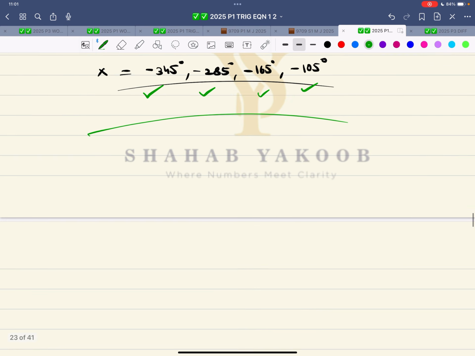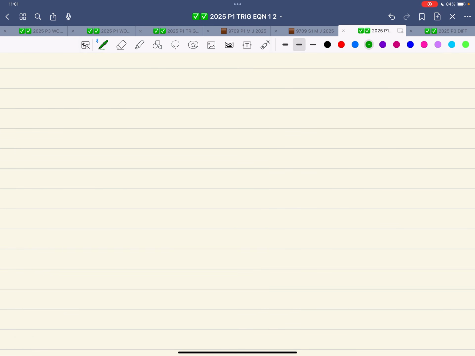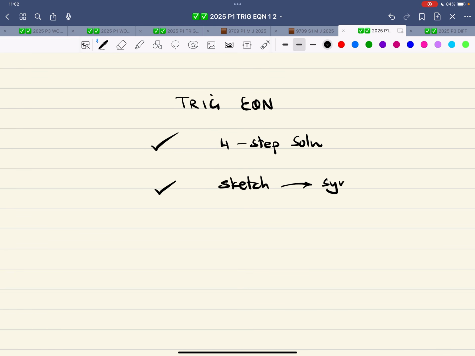So basically, the bottom line of the story is that yes, when we are solving a trig equation, the very first method is that of the four-step solution, and we can also solve it using a sketch, provided the values are such that the numbers are very whole number type of thing, and based upon sketch, based upon symmetry, we can draw the thing and get the answers.